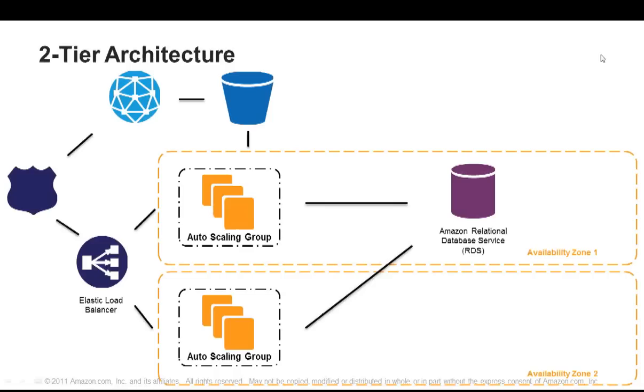So we're going to go on to a 2-tier architecture that is using Amazon RDS. Again, if you're using Amazon DynamoDB or Amazon EC2, you could substitute that in here as well. The main difference between the 2-tier architecture and that single web server, single database architecture is that we're going to use an elastic load balancing service, and we're also going to start running our web servers in multiple availability zones in auto-scaling groups.